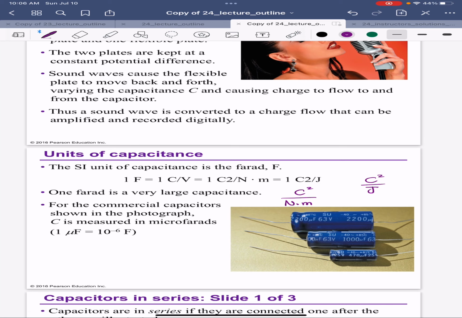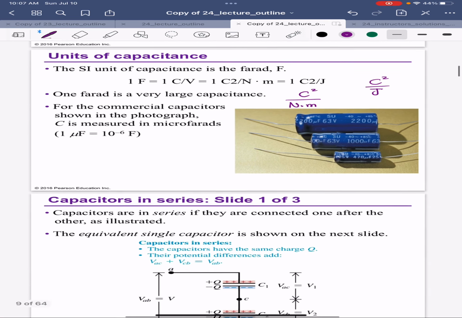If we wanted to have one, maybe it would be as big as the room. Therefore, for commercial capacitors we use microfarads, which is 10 to the minus 6, picofarads, nanofarads, but usually I will say microfarads, which is 10 to the minus 6.